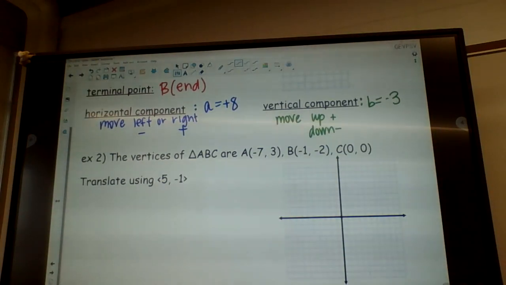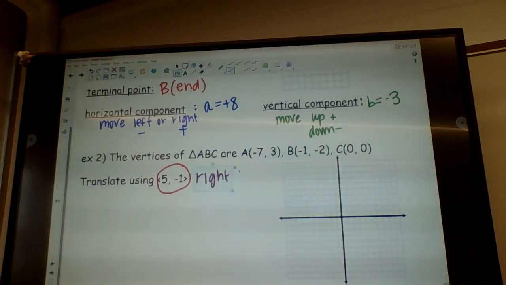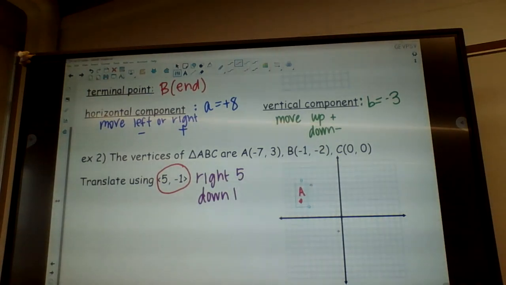So that being said, we're going to take this triangle and translate it using this vector notation. Looking at that, I'm hoping it seems reasonable, but all that means is I'm moving 5 to the right and then down 1. So I'm going to graph this, and then I'm going to just move it that way. So I have this long, skinny triangle, and I'm going to move it right 5 and down 1.